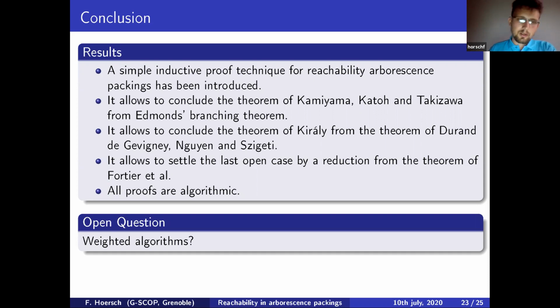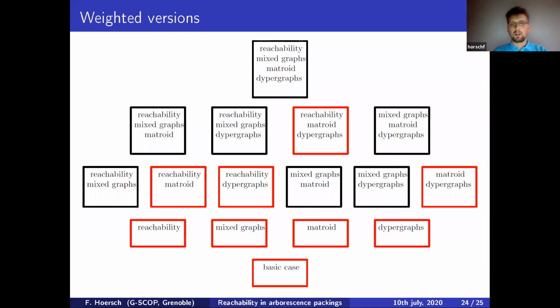And there are some ideas to attack this. Many of them work with weighted matroid intersection. And this is the current state of the art. The squares which are marked in red are known, and the rest are not. And of course, there are still quite some open cases. In particular, the very top case would be interesting if one could solve this.